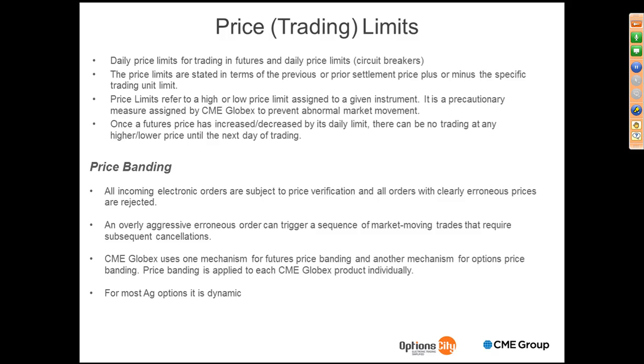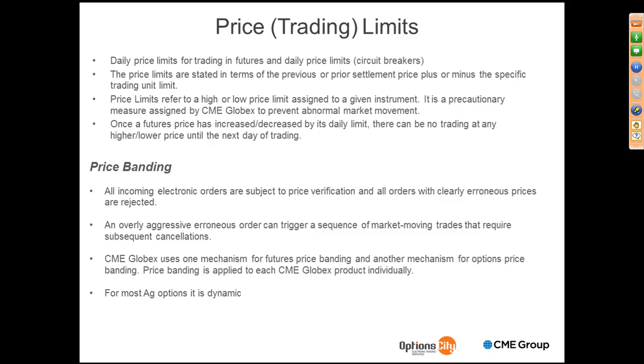Price banding. Price banding is another feature that is there on Globex. So if you send electronic orders and they're really erroneous, then we have something called price banding. An overly aggressive erroneous order can trigger a sequence of market moving trades that require subsequent cancellations. So there is a check which is called price banding.